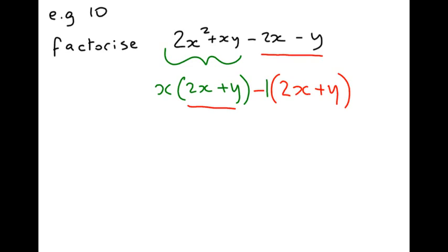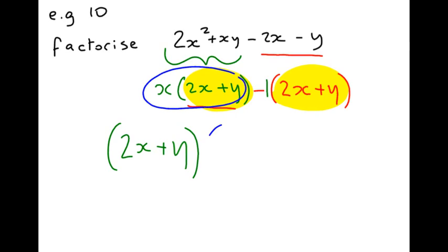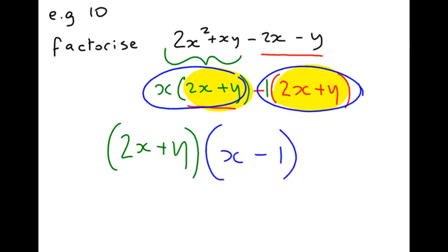Now, notice what we've got here. We're tying it all together. We've got this thing in common. So we can take that thing outside as a common factor. And then what we've got to multiply to get the first term is x, and to get the second term is minus 1.